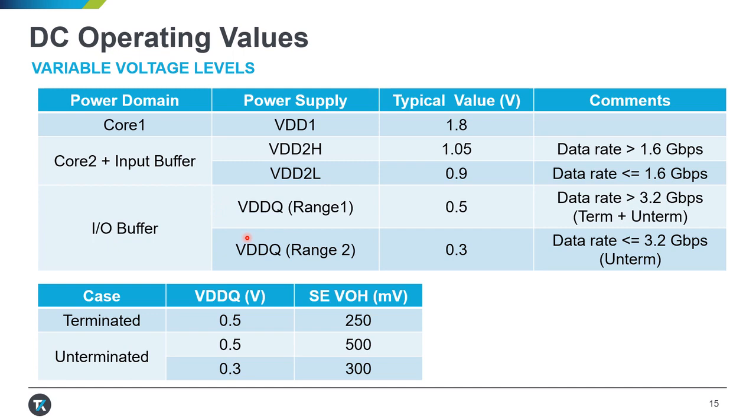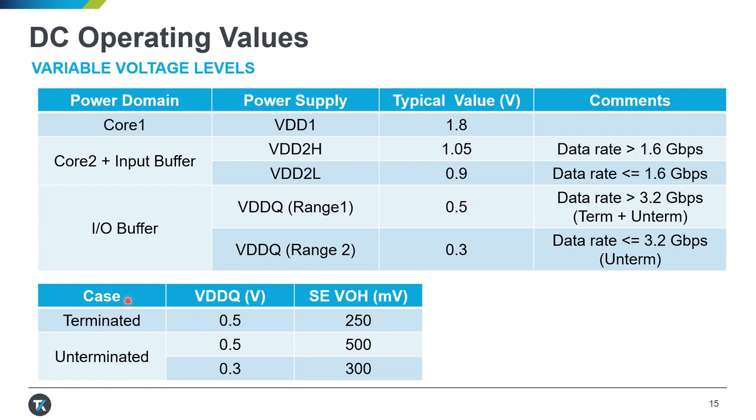Your IO supply, which is VDDQ, is not split per se like VDD2, but you have two ranges: range 1 is set at 0.5 volts and range 2 is set at 0.3 volts. So depending on the data transfer speed and the termination and unterminated case, a controller can switch between 0.3 and 0.5 volts.